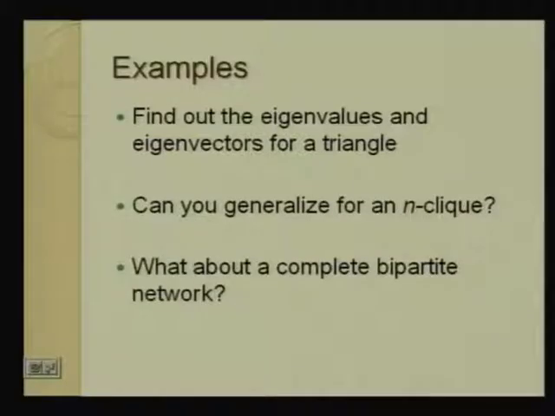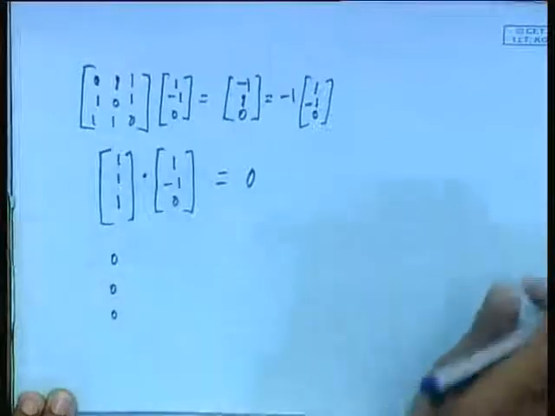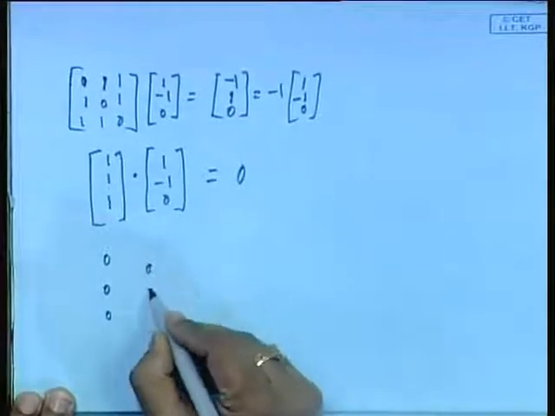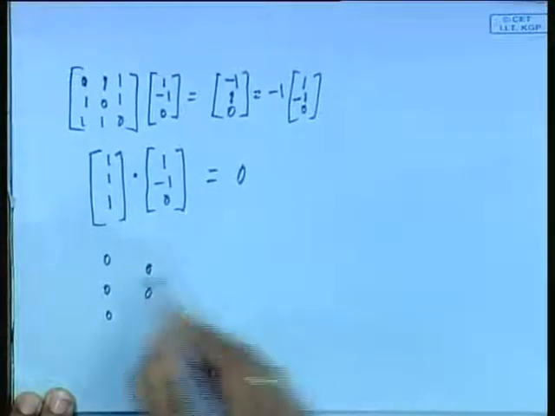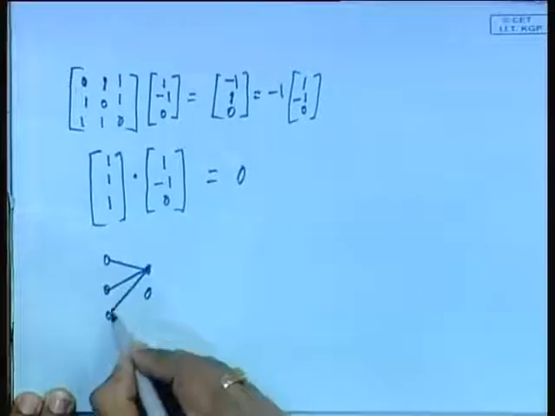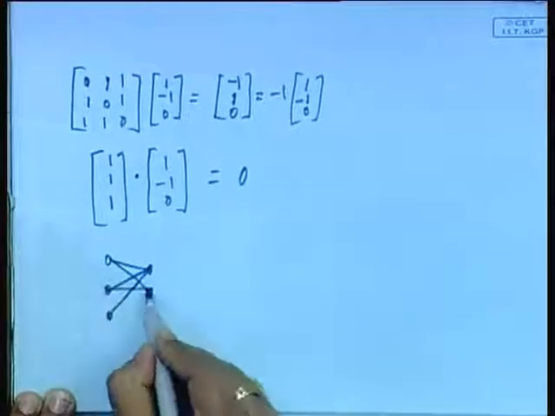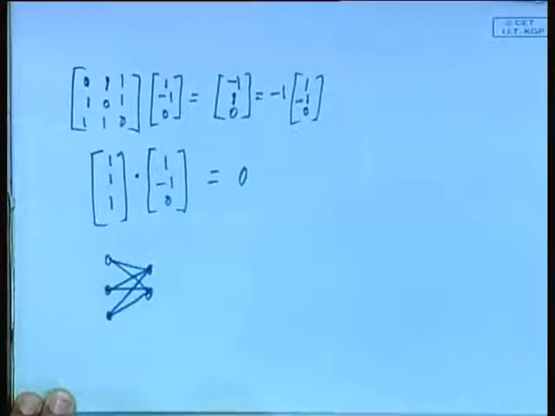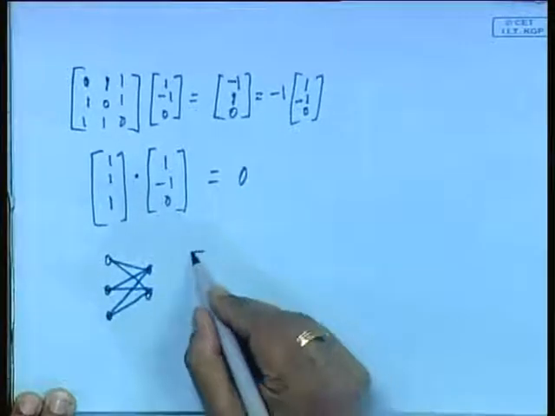To further understand what is really going on, how eigenvectors and eigenvalues work, you can also try to find out the eigenvalues of a complete bipartite graph. So, what happens in a complete bipartite graph? Say I take a small one. This, right. So, what will be the adjacency matrix for this graph?